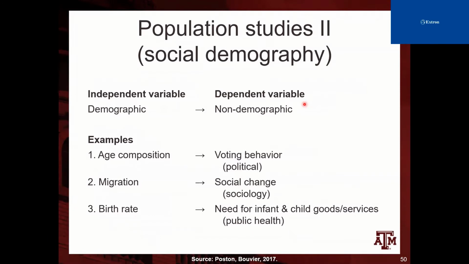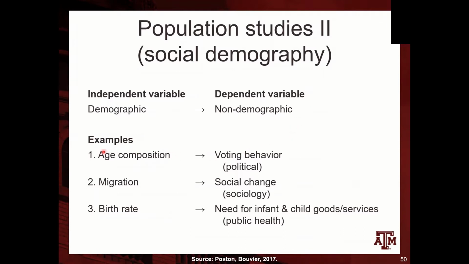And Population Studies 2 is the opposite, when my independent variable is demographic and the dependent variable is non-demographic. For example, if a specific region has a higher proportion of young people, they in general tend to be more liberal, and then that area has a specific voting behavior.